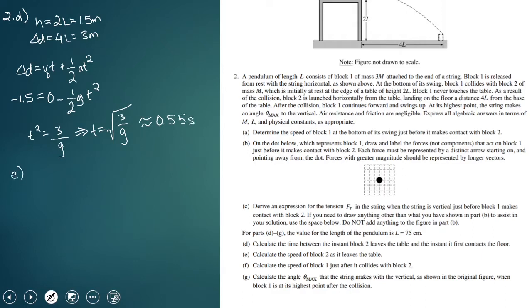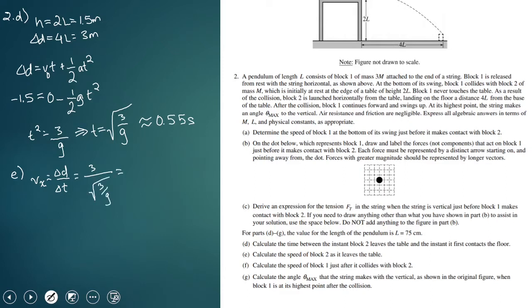Now for part E, it says calculate the speed of block 2 as it just leaves the table. Okay, well this is just, again, using projectile motion. We know that horizontally we only have one equation really that we use, and it says that Vx is equal to delta D over delta T. Well, we just figured out what a delta T is, and so we get our distance as being 3 meters over. Now, if you want it to be precise, I would actually use square root of 3 over g.